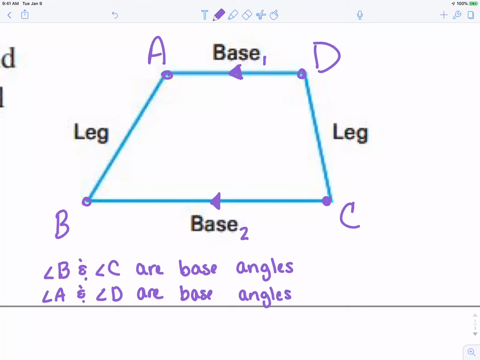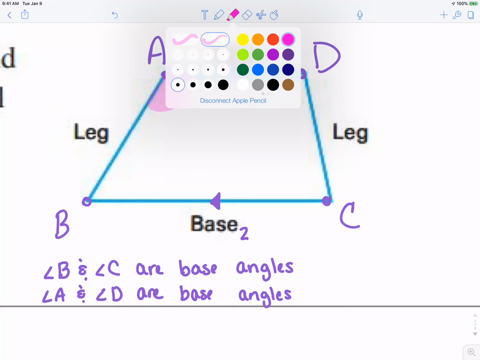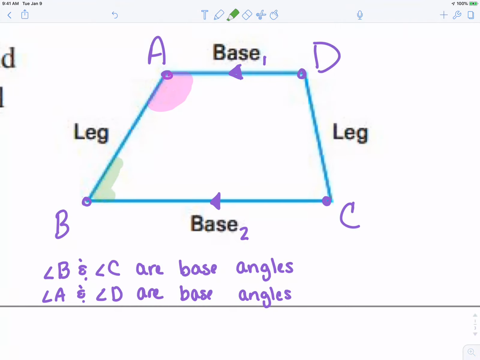Now we're going to be comparing in a minute the angles that are not base angles but are consecutive. So for example, angle A and angle B. These two are not base angles, even though they're consecutive, because they're not on either end of the same base. But they are on either end of the same leg.